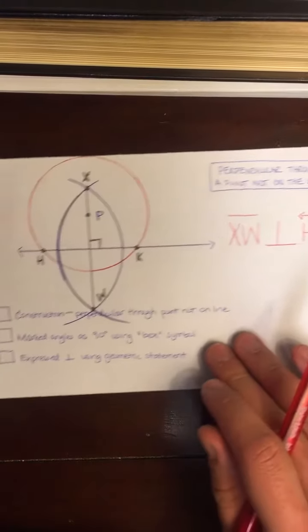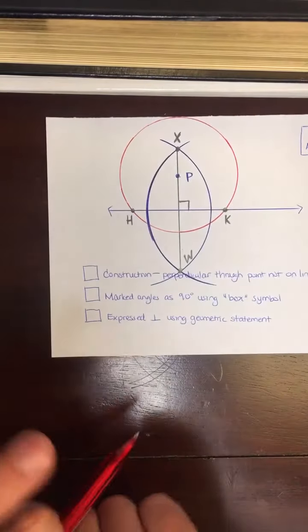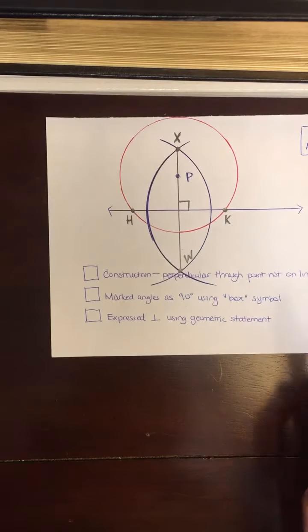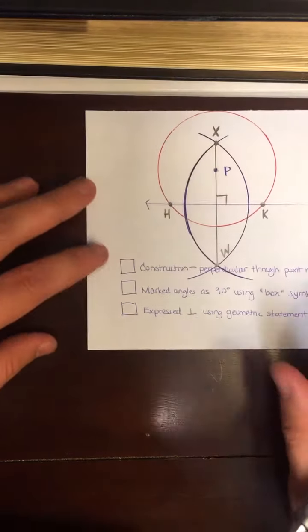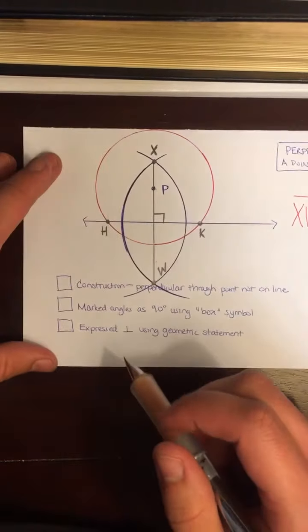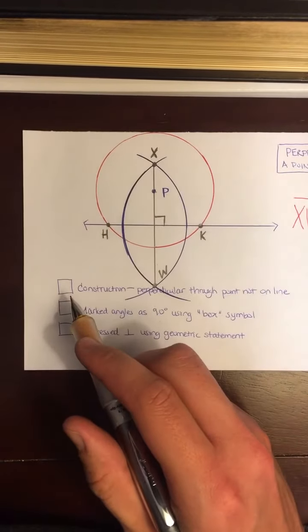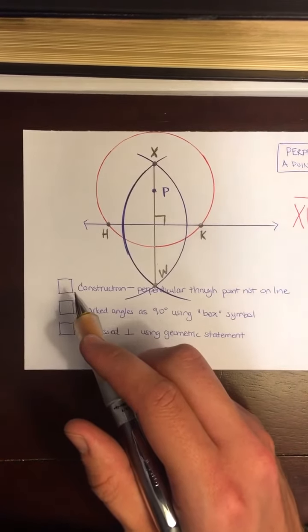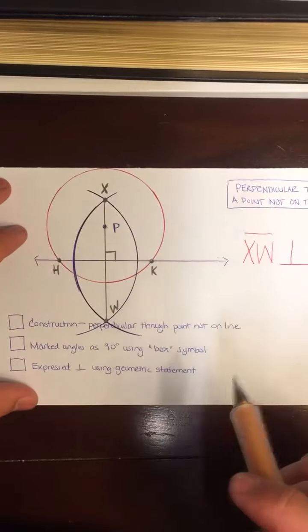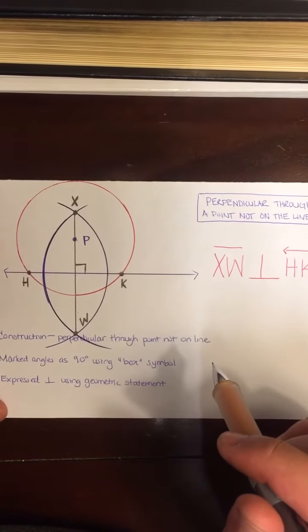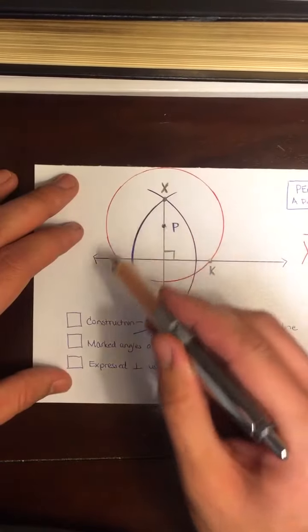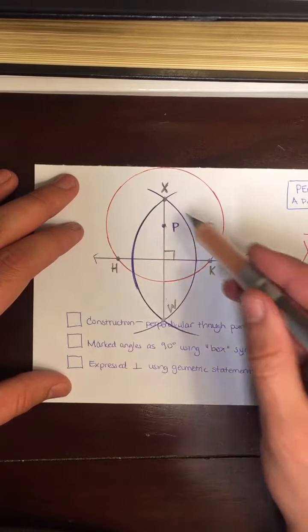Let's go back and review what my expectations are for the assessment that will be given on these various geometric constructions. So my first expectation is that we will be able to construct what I ask you to construct, and that is a perpendicular through a point not on the line. We can see that I've done that. I've just taken you step by step on how to do that.